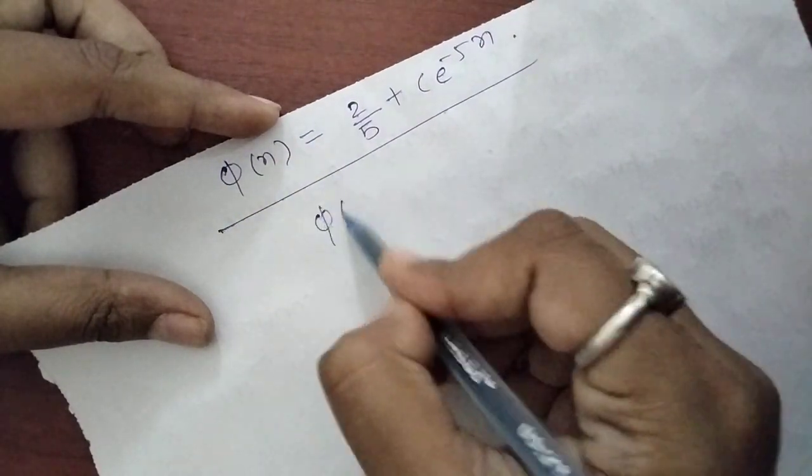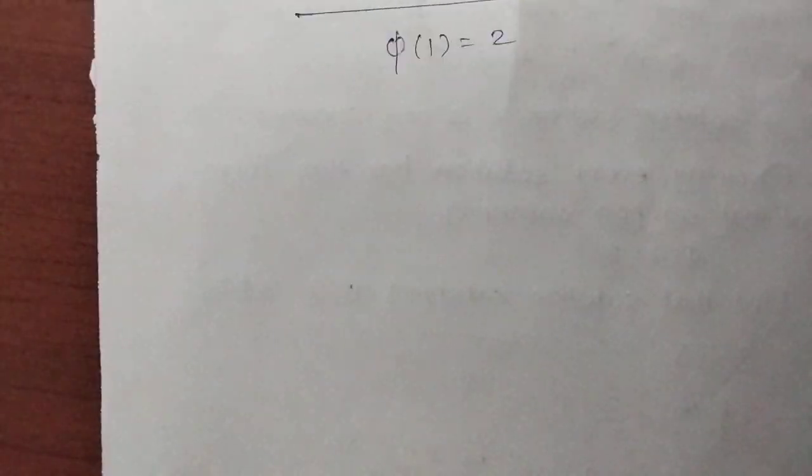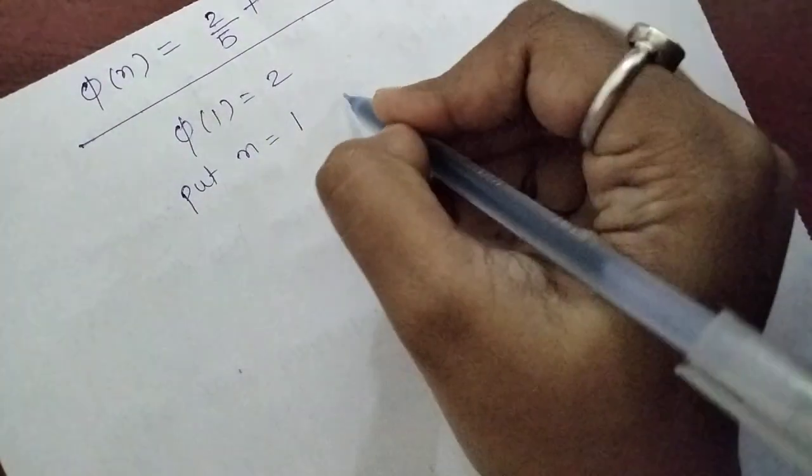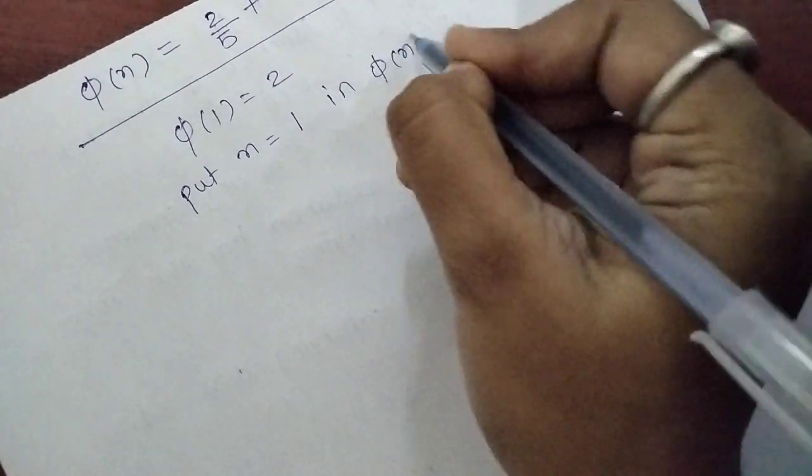Phi of 1 is equal to 2 means put x is equal to 1 in phi of x.